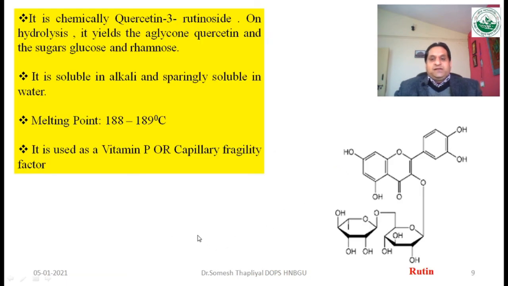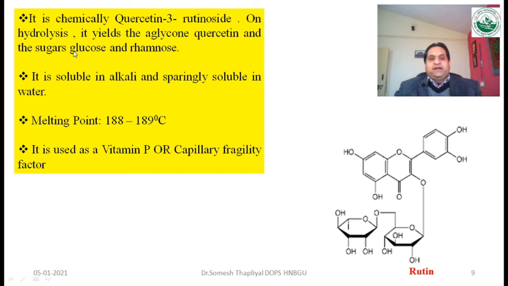And if you see the chemistry of rutin, it is chemically quercetin 3-rutinoside. If you do the hydrolysis of this compound, it will give the aglycone quercetin and the sugars glucose and rhamnose.